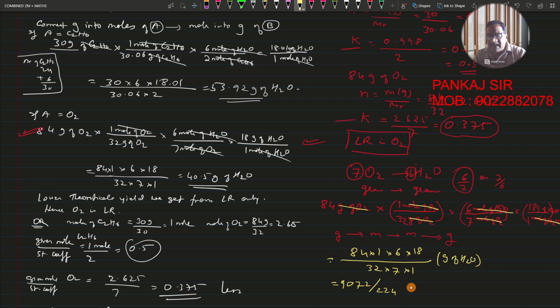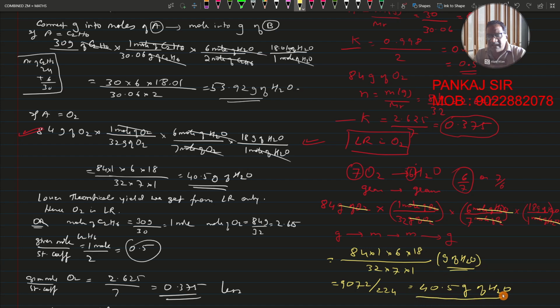And 9072 divided by 224 is equal to 40.5. Okay. So this figure 40.5 is nothing but grams of water. And you got the answer.